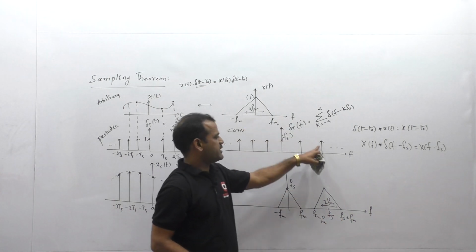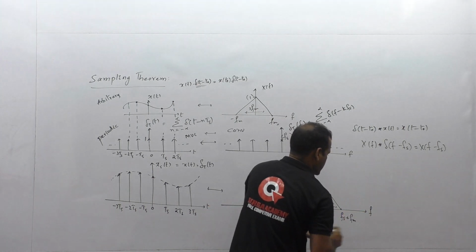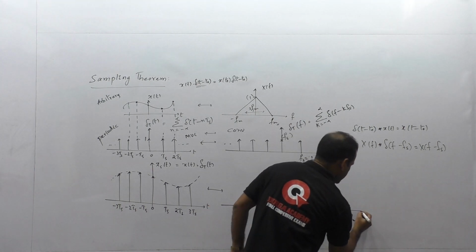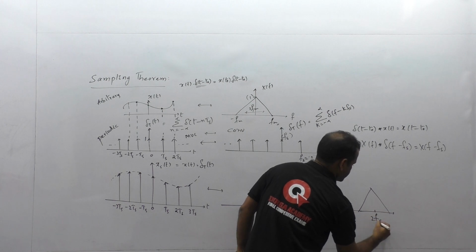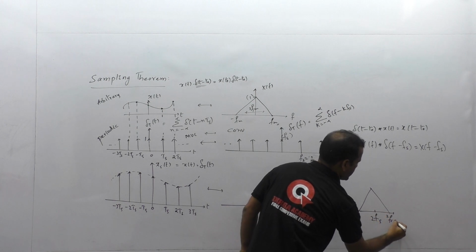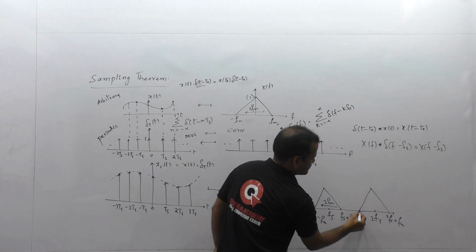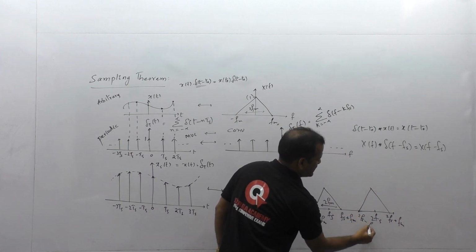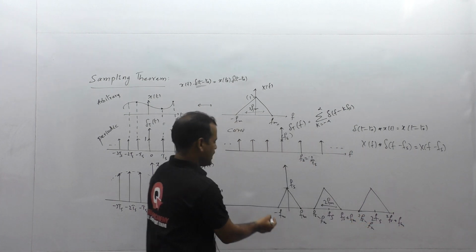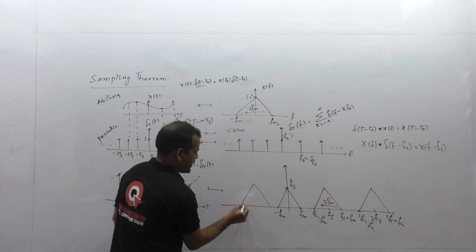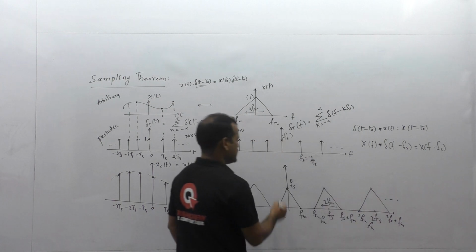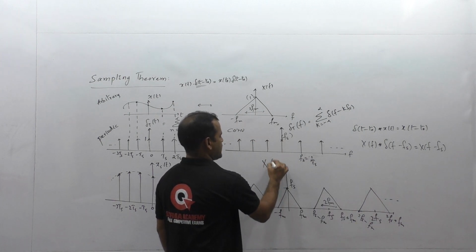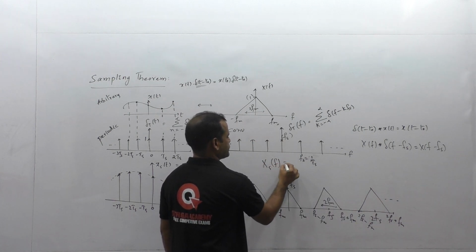Similarly, whenever the spectrum is convolved with this function, we will get the corresponding shifted version here at 2fs. So this is 2fs plus fm and this component is 2fs minus fm. And we can plot all the remaining functions. This is a periodic function like this. So this is the spectrum of the sampled signal.